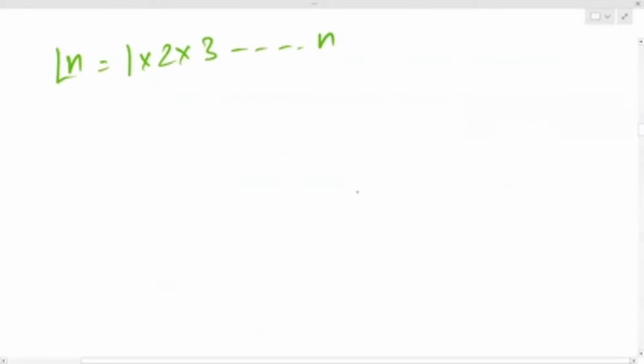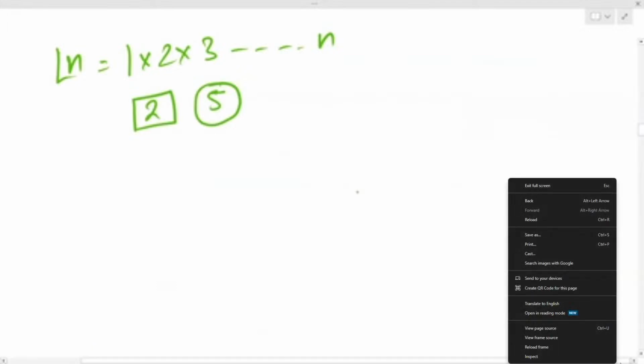Factorial of n is nothing but 1 multiplied by 2 multiplied by 3 all the way up till n, right? In this, you'll get some 5s. 5 is more rare than 2s, the number of factors that you get for 2.